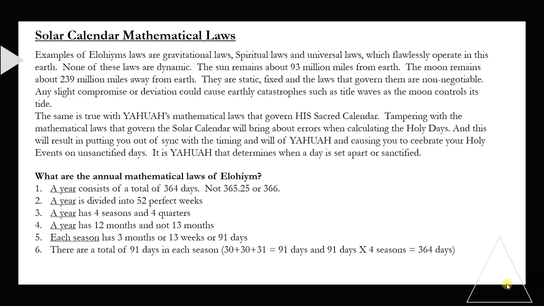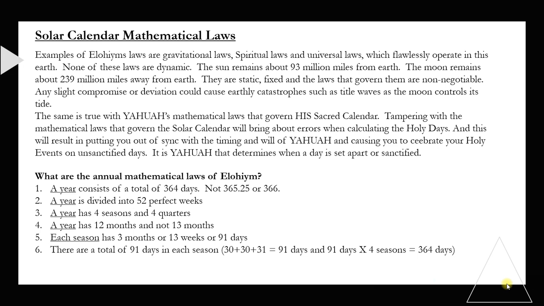That one that you add is an intercalary day, and we're going to talk about that in more detail as we move forward. So it's 30, 30, 30, and add one, or 30, 30, 31, and that equals 91 days. So every season has 91 days. If you multiply 91 days times 4 seasons, you get 364 days.